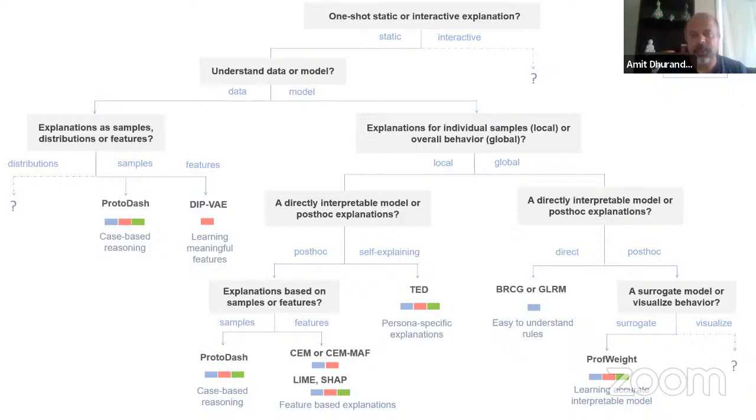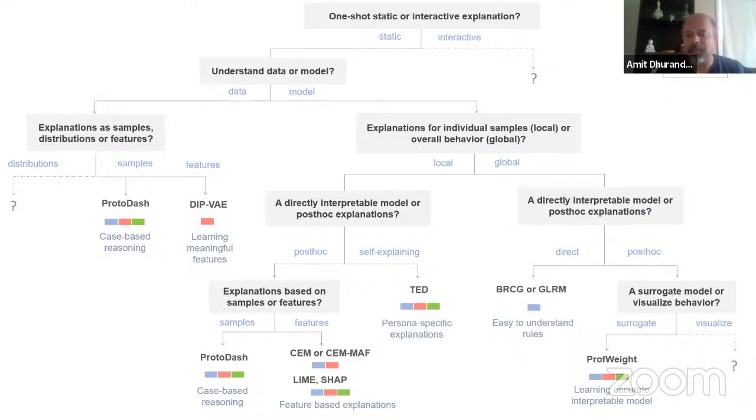Then you can have explanations on the model side. Again, you can have local or global, which I've already talked about. Local is instance specific explanations, and global is globally trying to understand the model. In local, you can have post hoc, and self-explaining. I didn't talk about self-explaining because it's not one of the more popular ways; post hoc is quite popular.